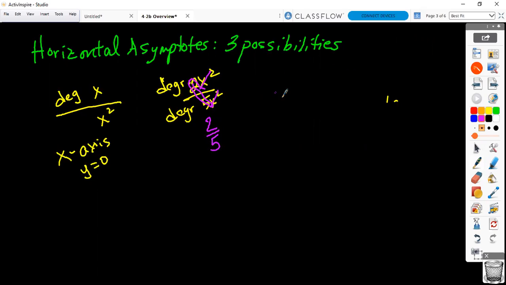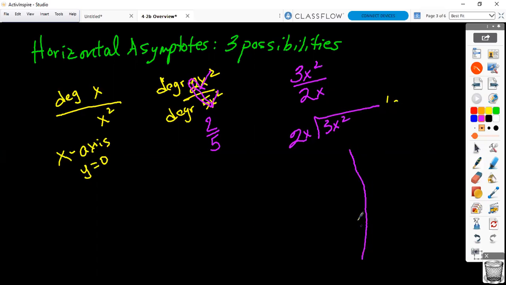And then the other one is if the numerator has a higher degree by 1, so let's say we had a 3x squared up on the numerator and a 2x in the denominator. Now you actually have to divide it out. So I'd have 2x into the 3x squared, and it's really not a horizontal, although sometimes some people will call it that, because it's a slant asymptote.